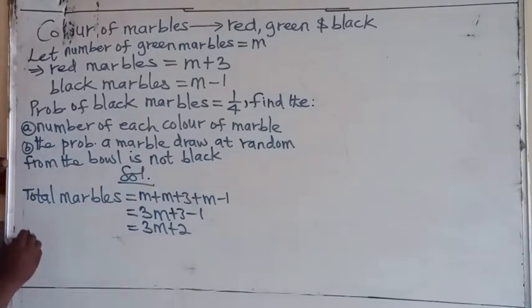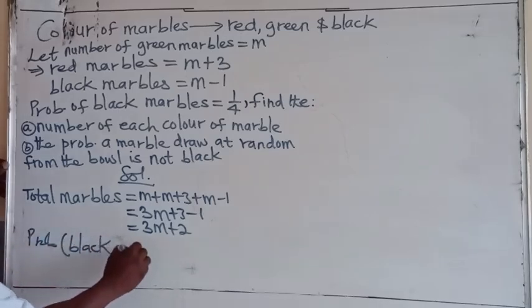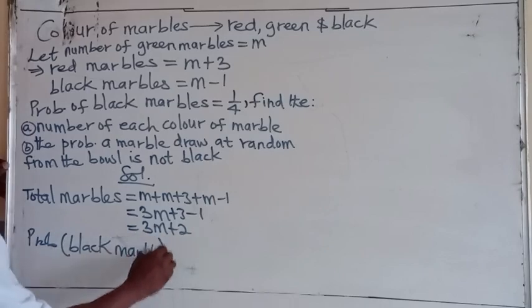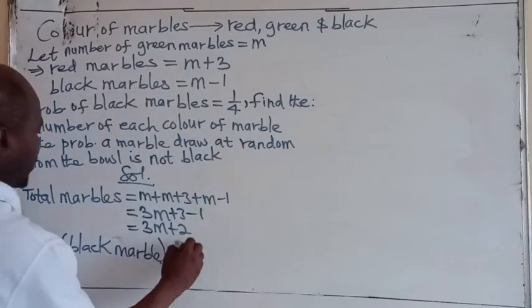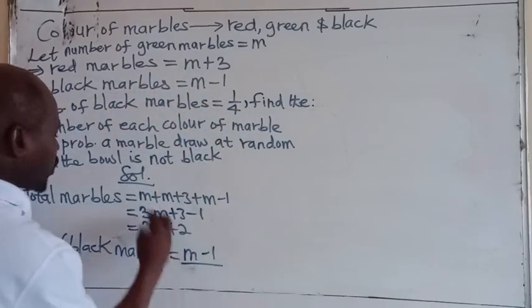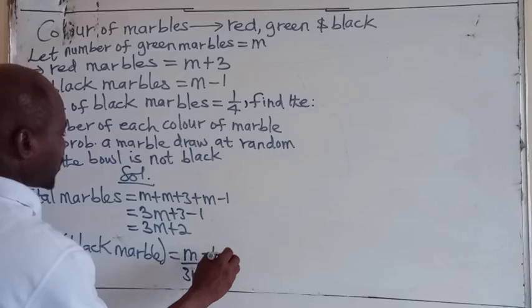So probability of a black marble is equal to the number of black marbles, which is n minus 1, over the total number of marbles, 3n plus 2.